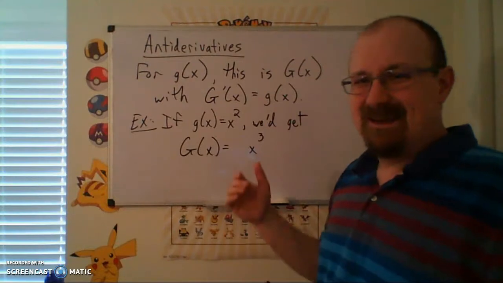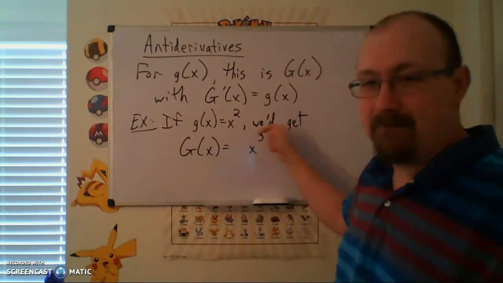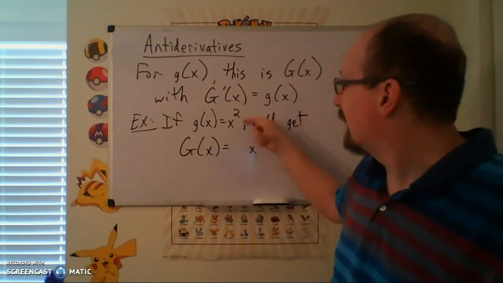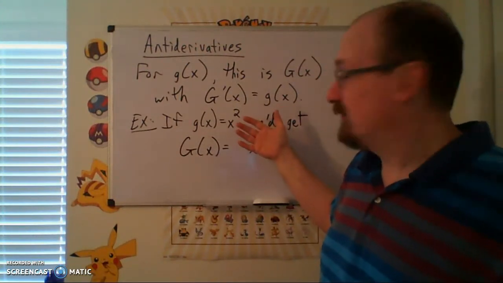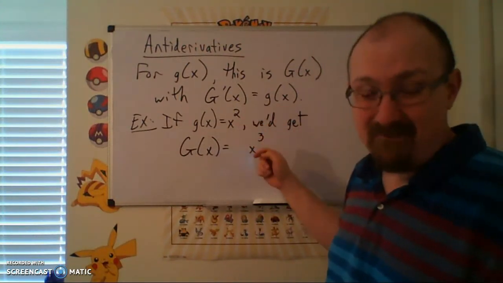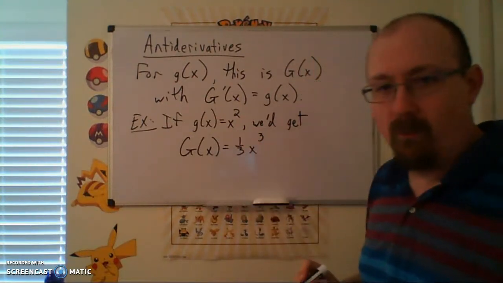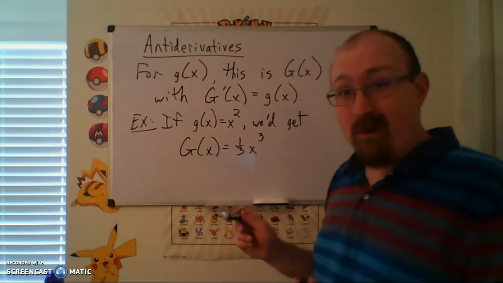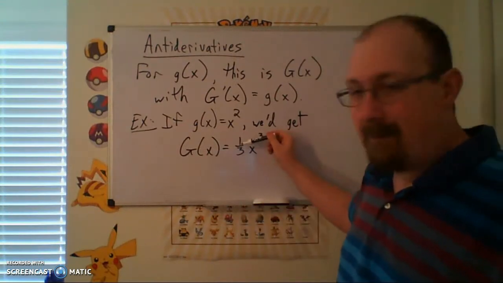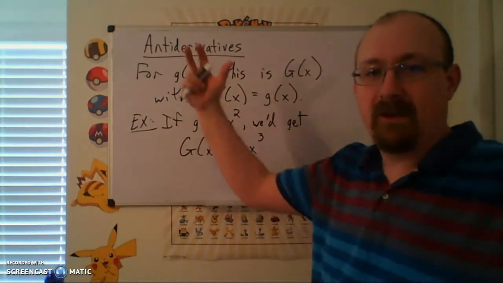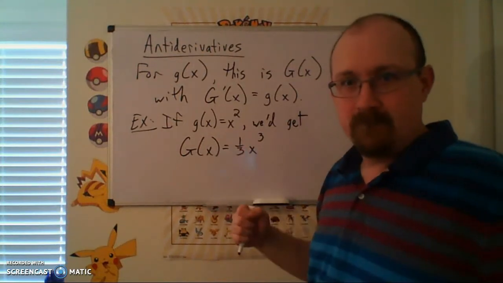The catch is, you may already be thinking, well, wait, when I execute the power rule, this 3 hops out front, and I'd have 3x squared. That's not what we're wanting. We can, however, introduce something in front to take care of that, and you may already be ahead of the game on that front. What if I wrote a 1/3 right there? Now, when I execute the power rule to differentiate this thing, the 3 hops out front, the 1/3 and the 3 crash into each other like the Monday Night Football helmets used to, and they're gone.